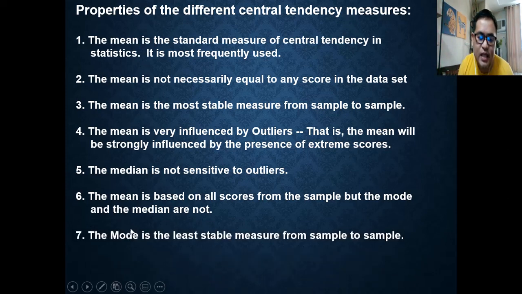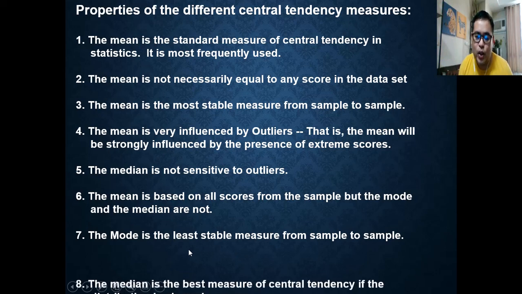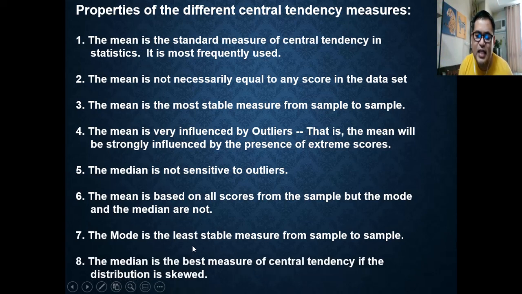Number seven, the mode is the least stable measure from sample to sample. Among the three, the mode is the least stable. And the last one, the median is the best measure of central tendency if the distribution is skewed.